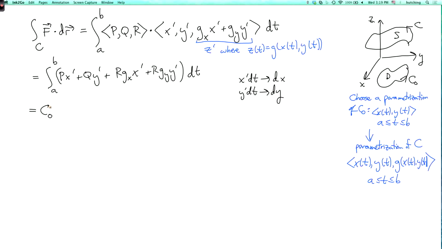So this is the integral over C0 of, so the x prime terms give me P plus R gx dx, and then the y prime terms give me Q plus R gy dy.